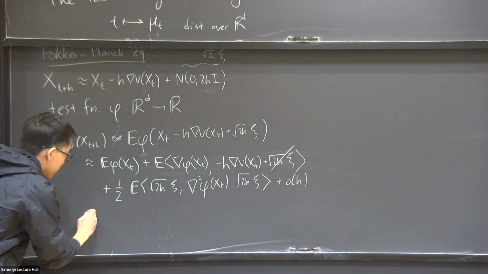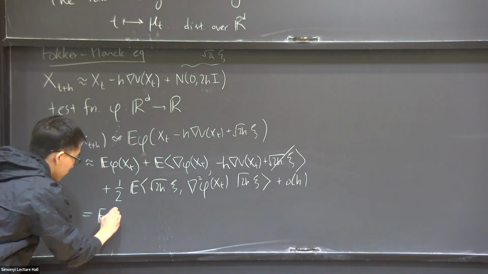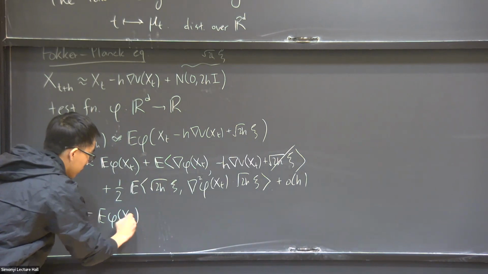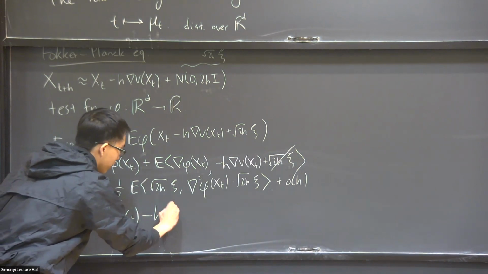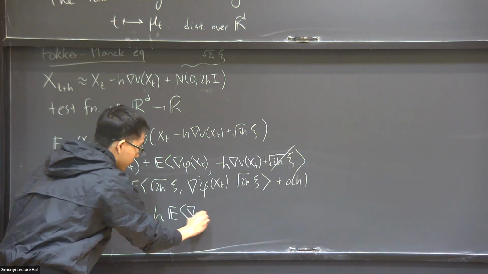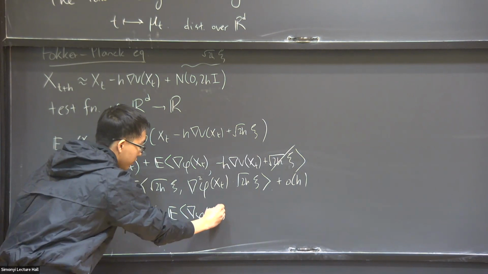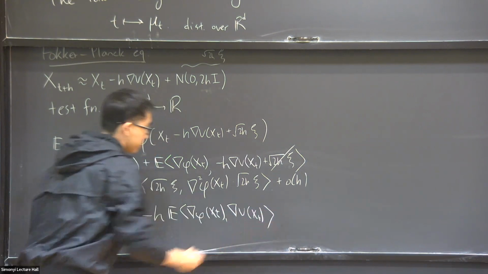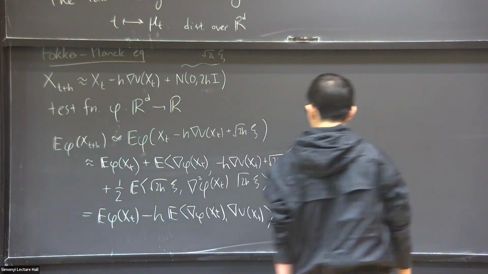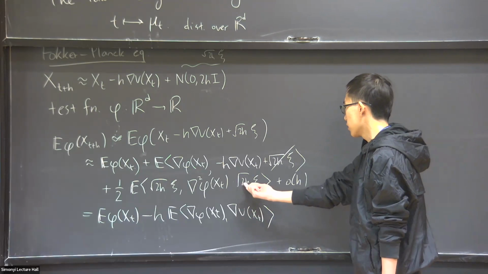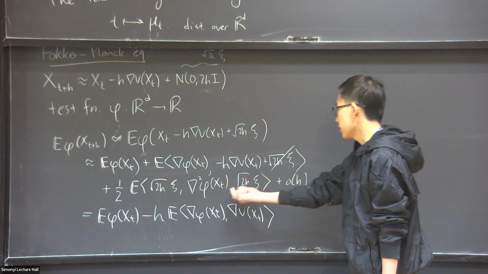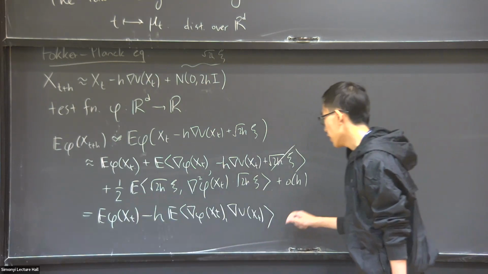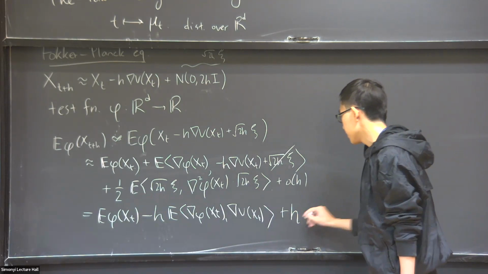So far we have phi of xt minus h times this inner product between the gradient of phi and the gradient of v. And then we have this term. You'll pick up square root 2h times square root 2h times 1/2, which gives you plus h.